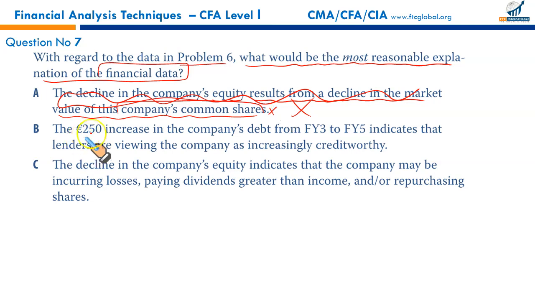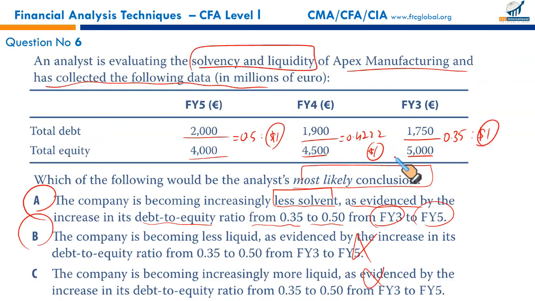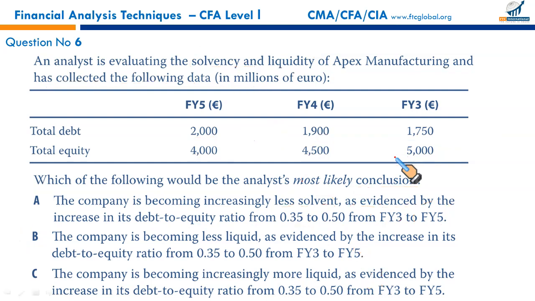Wrong. The $250 increase in the company's debt from financial year 3 to 5 indicates that the lenders are viewing the company as increasingly creditworthy. Yes, debt has increased over the period by 250 million euros. So does it mean that the fund providers are viewing us favorably?